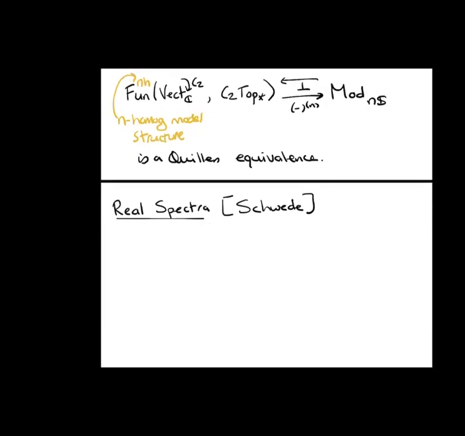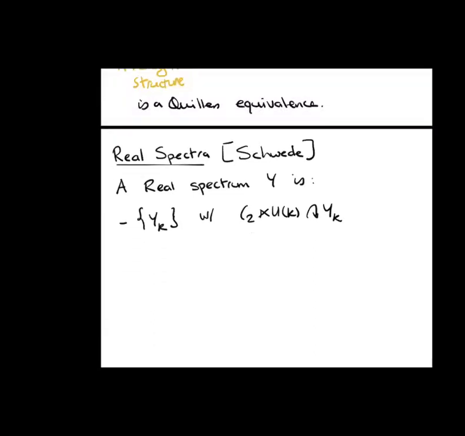So a real spectrum, first of all, is a sequence of spaces Yk, but you ask that the semi-direct product of C2 with Uk acts on the space Yk. You have structure maps S2 smash Yk to Yk+1.